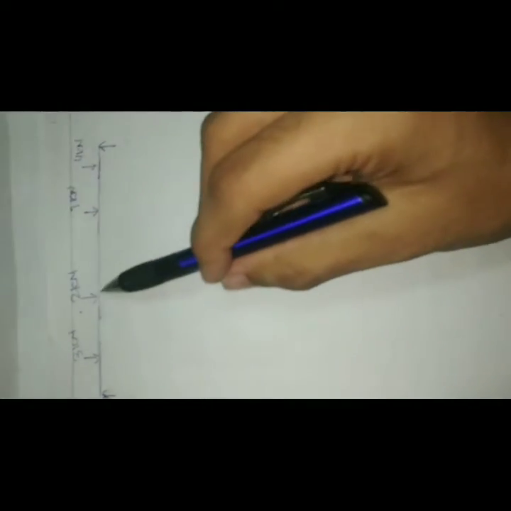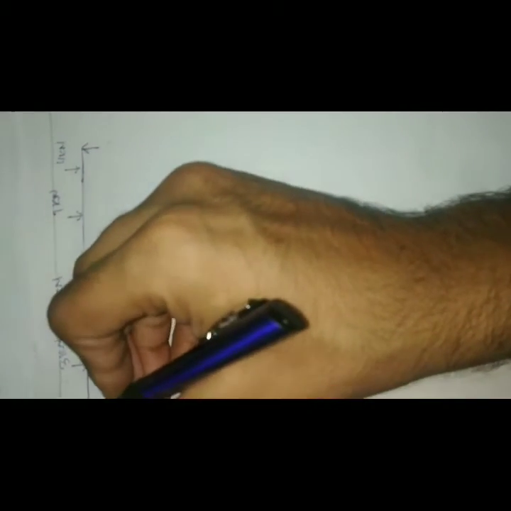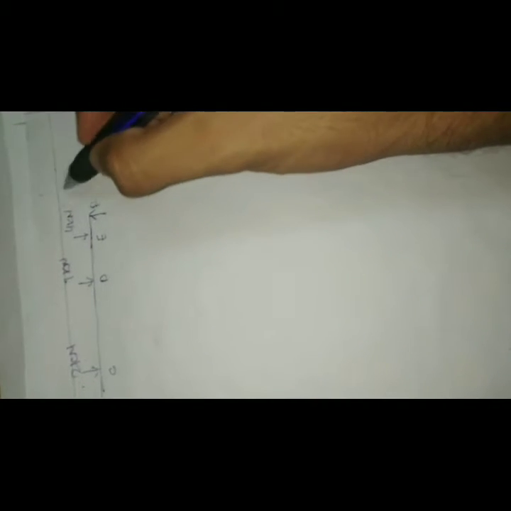We only know the downward forces, so we have to find the upward forces first. So let us name these forces A... okay, we have named them. Now we have to leave this much area for the shear force and bending moment diagram.